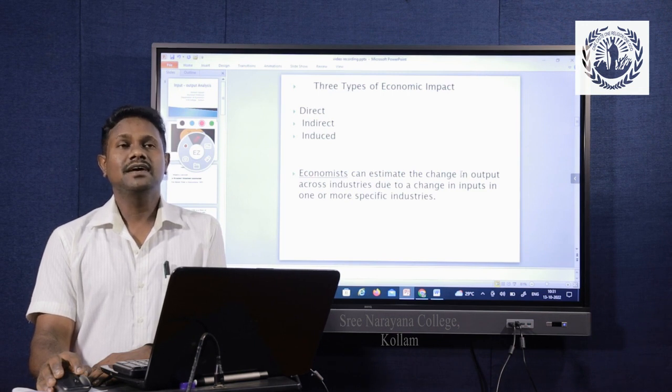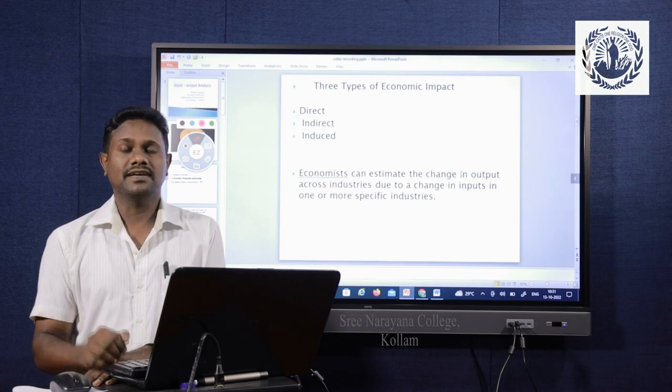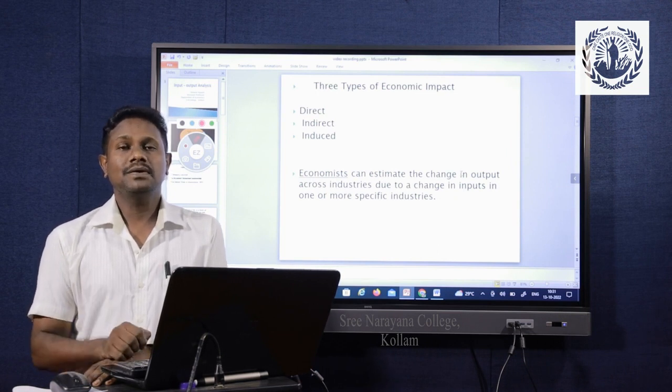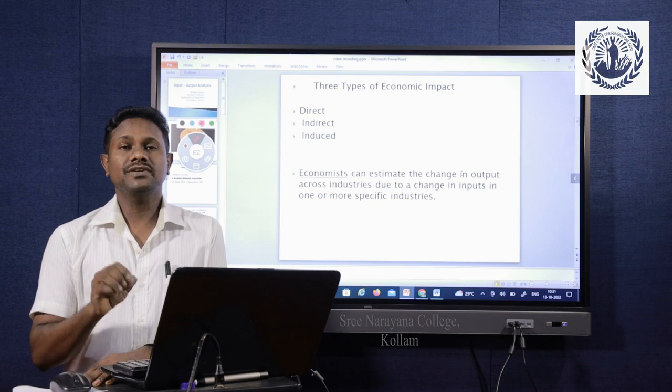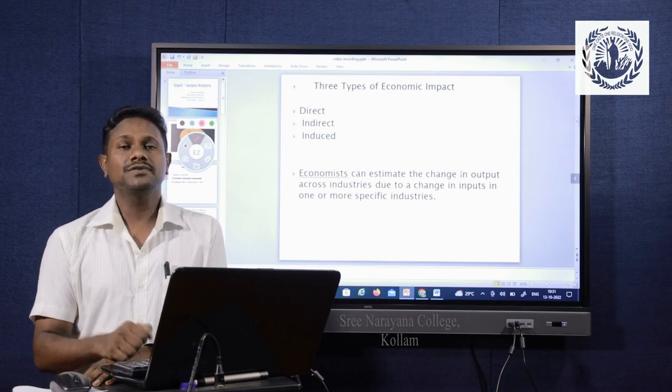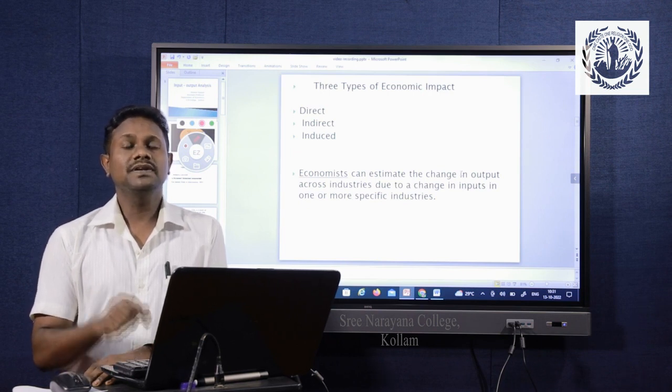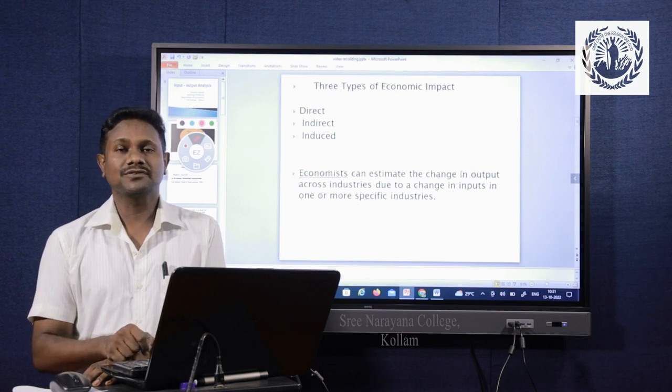With an example, I will illustrate how the three impacts work. Suppose the government launches the construction of a new bridge as a part of a public expenditure program. We know that it constitutes the service sector.